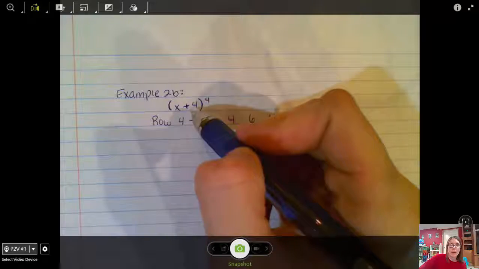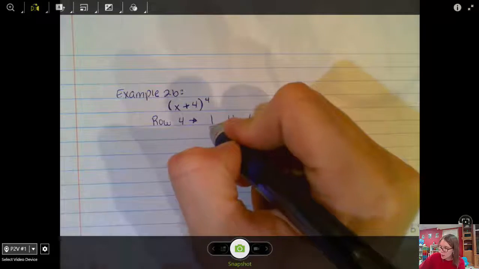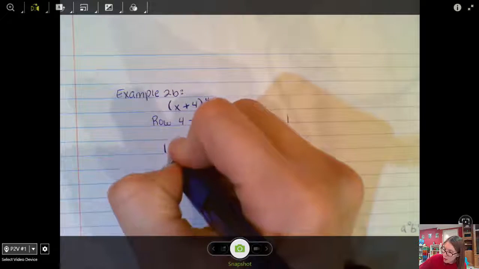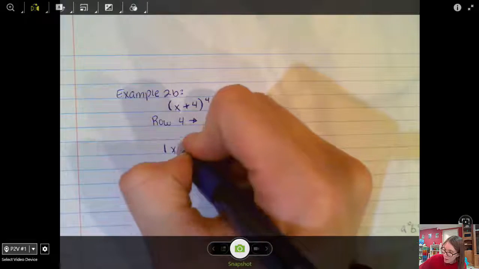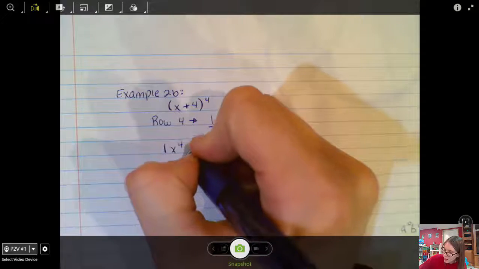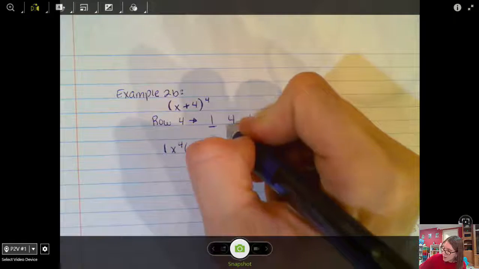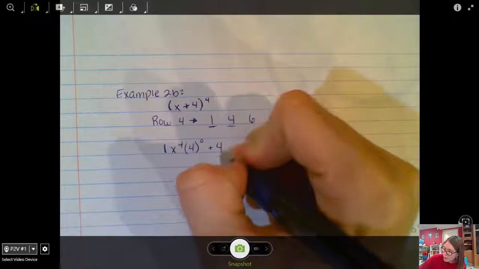So when we start to expand, here's my first coefficient. The first part of my binomial goes to whatever our power is. The second part to the 0 power. Next coefficient is 4.